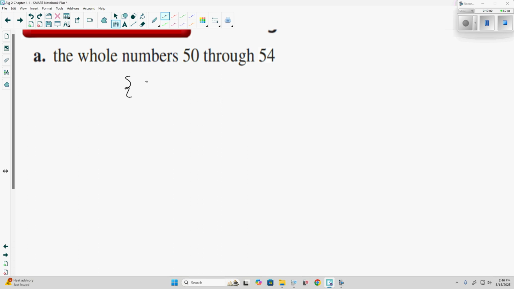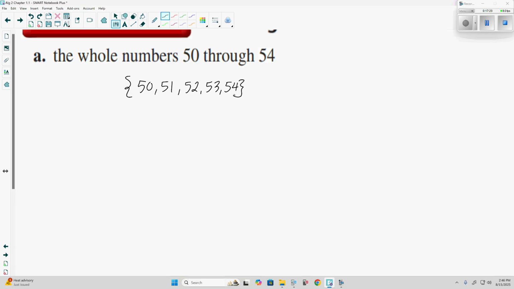So that's all we'll do. I don't know why I went to 55. That's what I get for not looking at it. But that's all we have to do. We listed all the whole numbers, 50 through 54. Done.